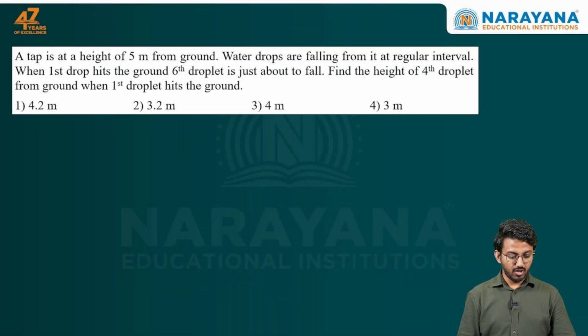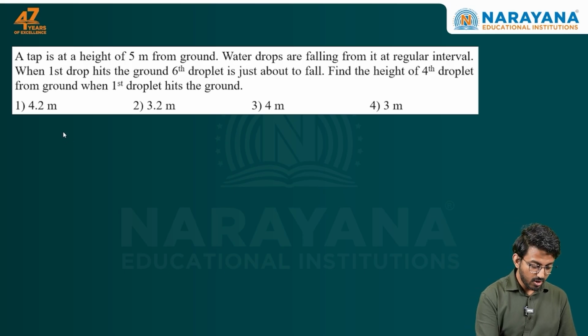Hello everyone. So these are a few more questions from today's shift. So first question is based on gravity and water droplets falling from a tap. So imagine here that we have a certain tap and water droplets are coming from it.